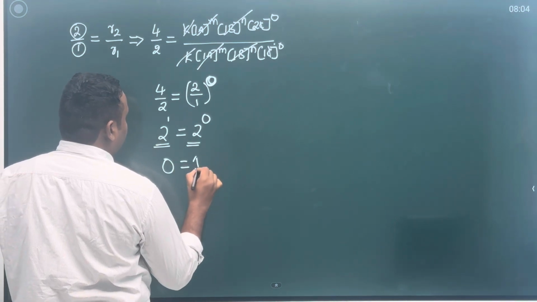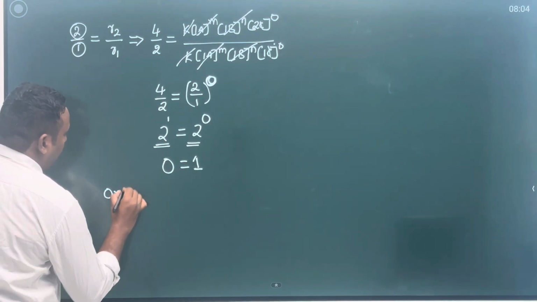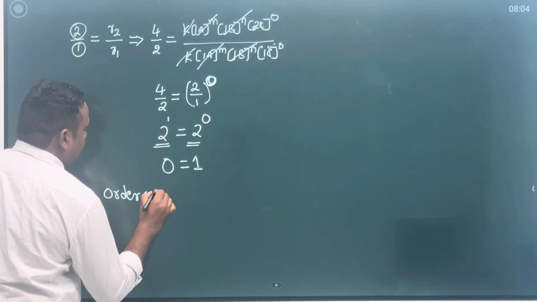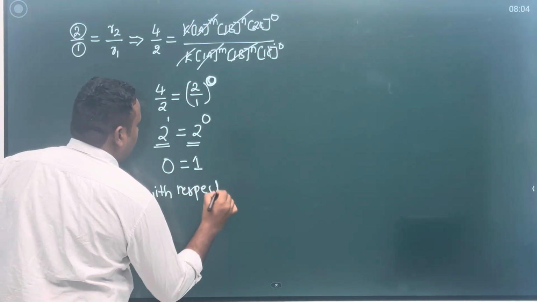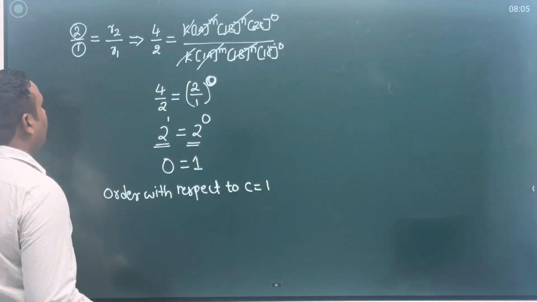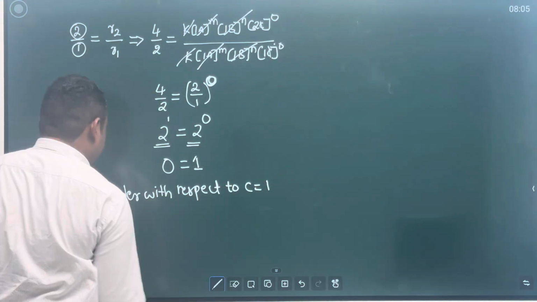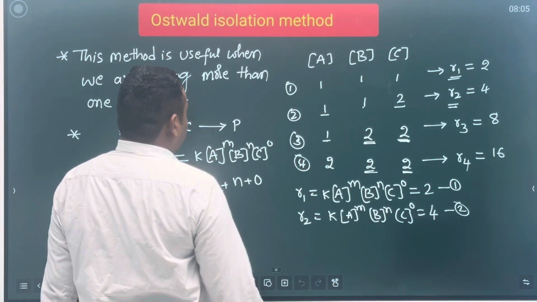So order with respect to C is equal to 1. Okay. Next, so order with respect to C is equal to 1.